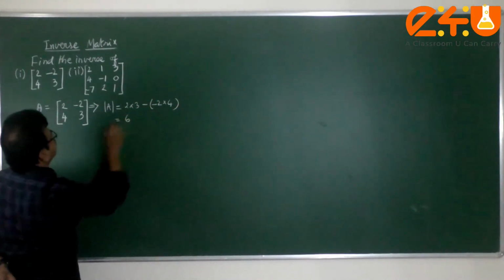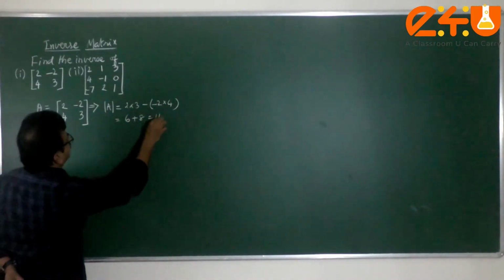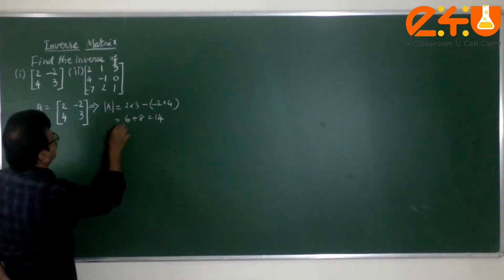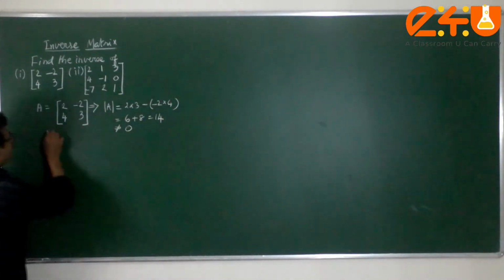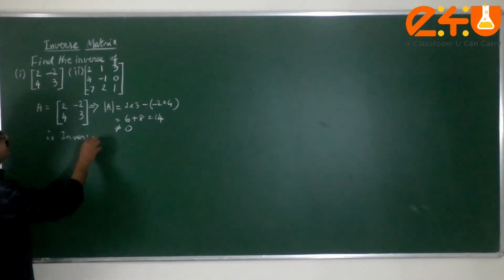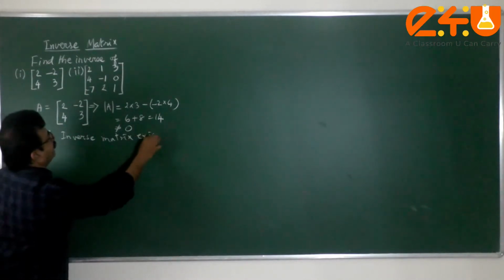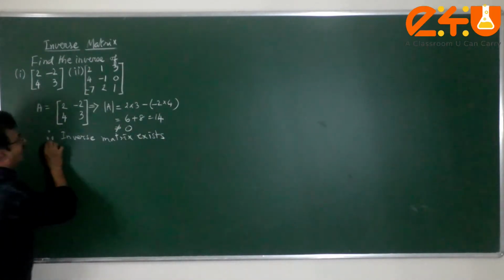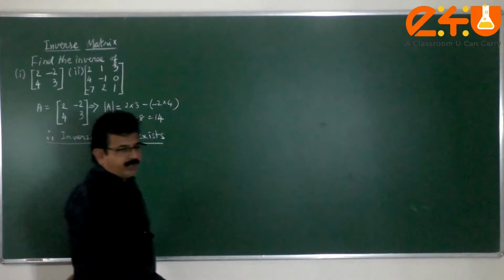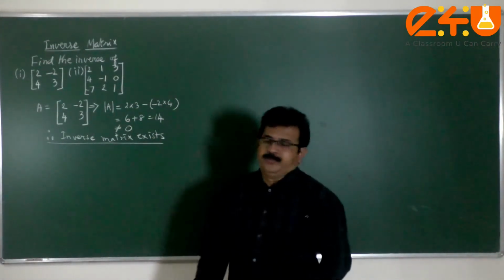So it is 6 plus 8. The answer is 14 and it is not 0. Therefore, the inverse matrix exists. That the inverse matrix exists is the fact which the students have to present.